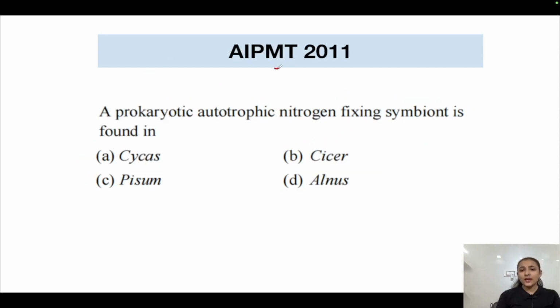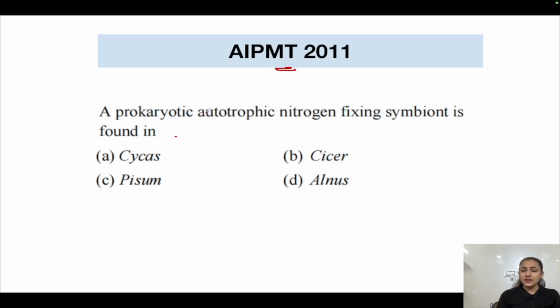Now this question is from AIIMS 2011. A prokaryotic autotrophic, that is it can synthesize its own food, nitrogen fixing symbiont is found in Cycas, Cicer, Pisum or Alnus. We studied in gymnosperms about coralloid roots. In these coralloid roots, the root nodules or the knob-like structures which give the coralloid roots their appearance are associated with certain nitrogen fixing cyanobacteria or blue green algae.